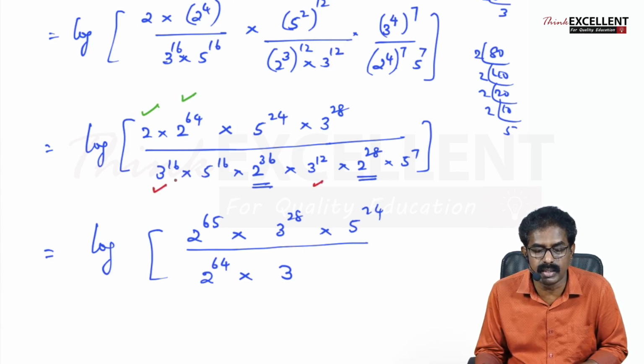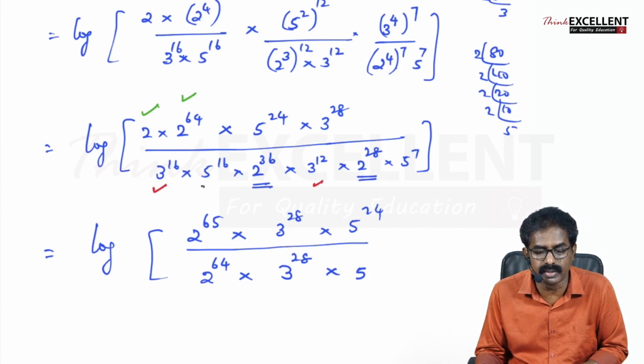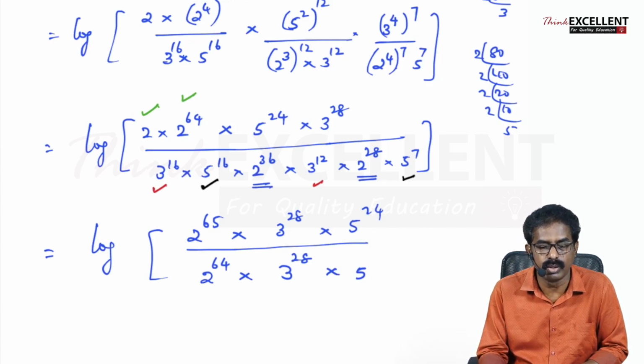So 3 raised to 16 plus 12, it is 28 exactly. Now 5 power, you see, 5 raised to 2 terms we have, right? 5 raised to 16 and 5 raised to 7. You will get 5 raised to 23.